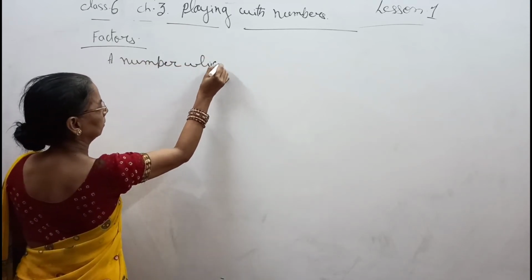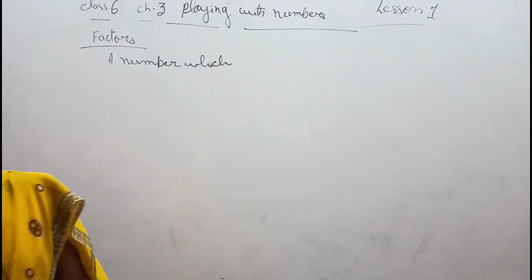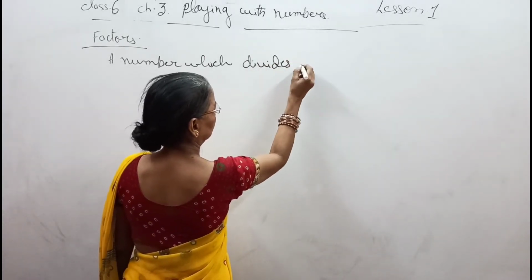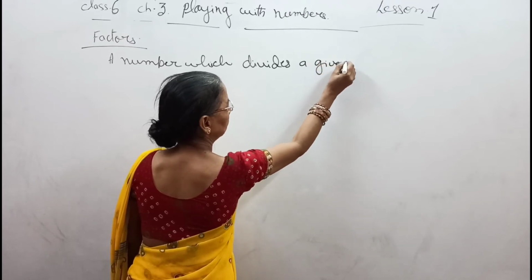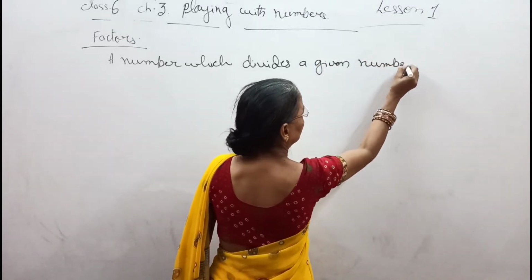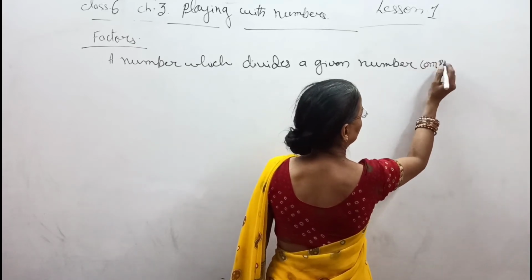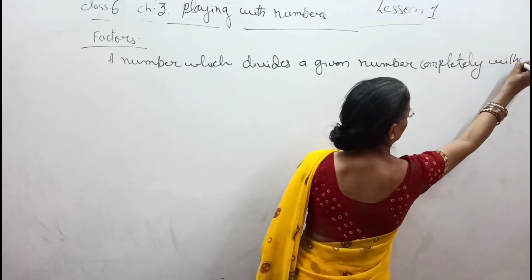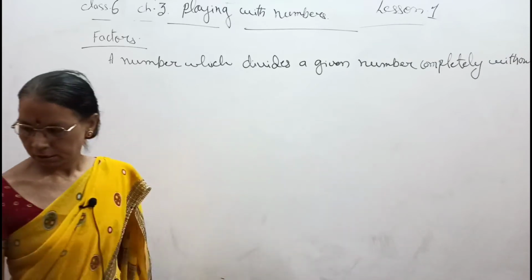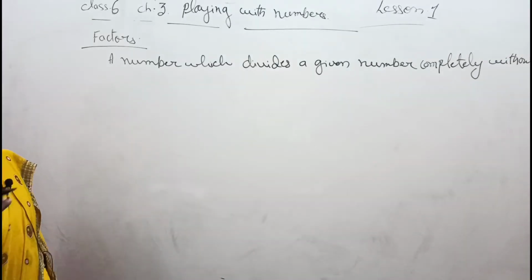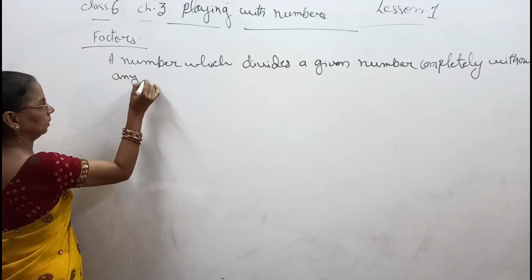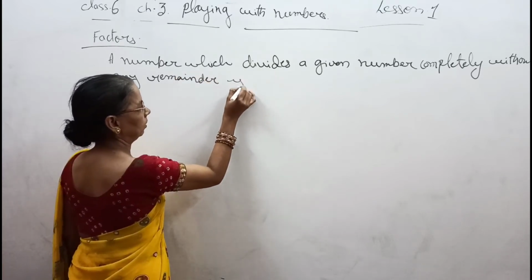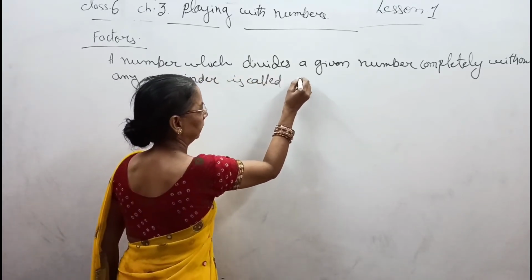which divides a given number completely without any remainder is called a factor.